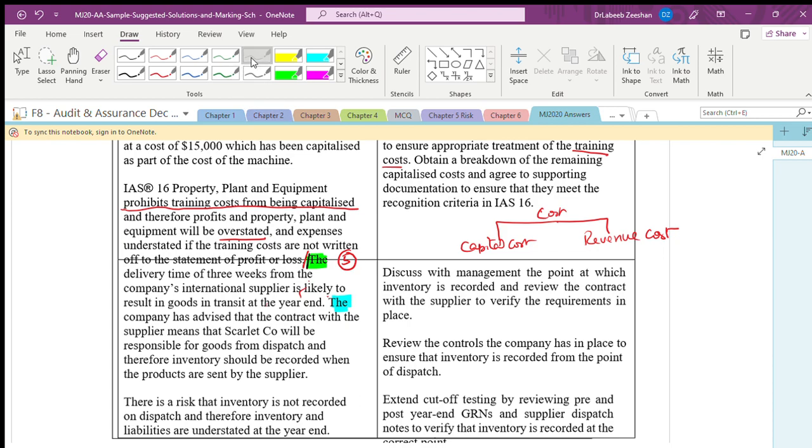Now what happens if it is for 3 weeks? If you are placing the order within those 3 weeks, then you should make sure when it has to be recorded. It could be recorded at the time of invoice, at the time of payment, or at the point whenever we are going to receive it.